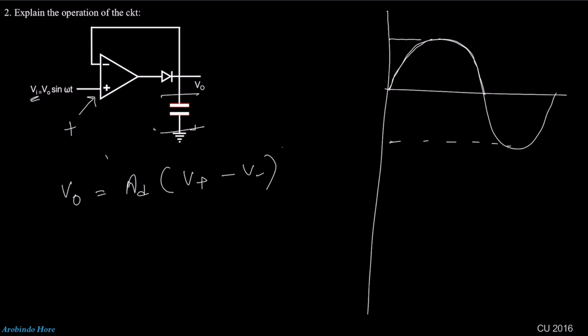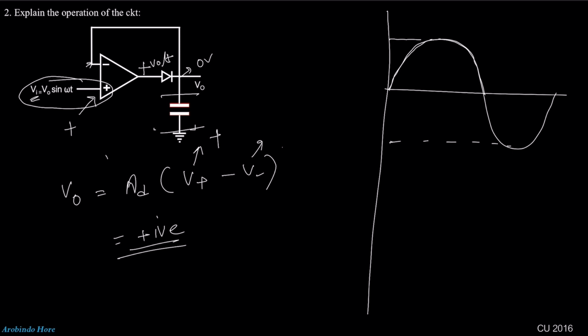We give the input voltage V plus as positive, and at V minus we didn't give any input. That means we will get a positive voltage at the output, as we are giving the positive voltage at the non-inverting terminal. And at the negative terminal we didn't give any input, so that is 0. So here we get 0 volt.